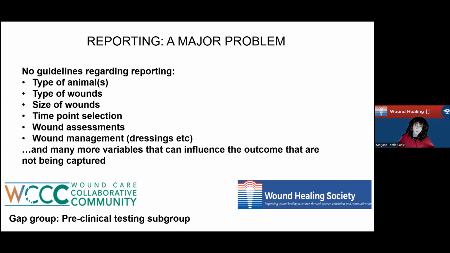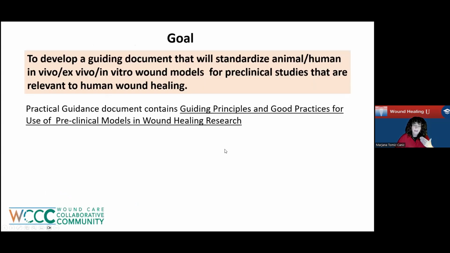The organization basically asked, is there any way you can standardize preclinical testing? And so, together with the Wound Healing Society's approval and participation, we decided to develop this guiding document that will standardize both animal and human in vivo, ex vivo, and in vitro models for preclinical studies.